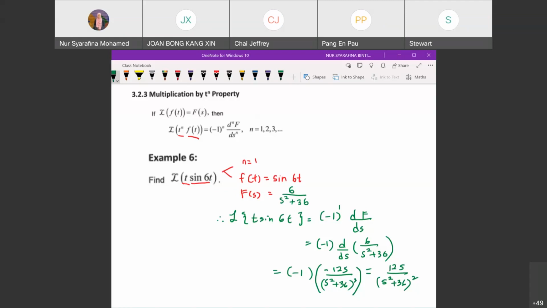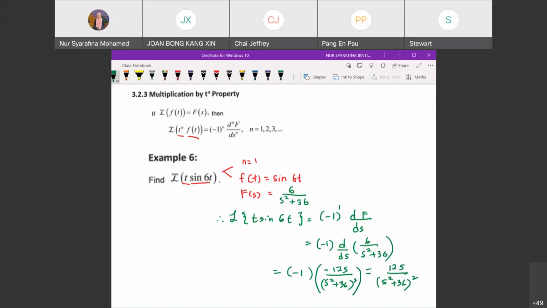All of you got this? Anyone has question? Okay. Now, this is the multiplication by t to the power of n property.